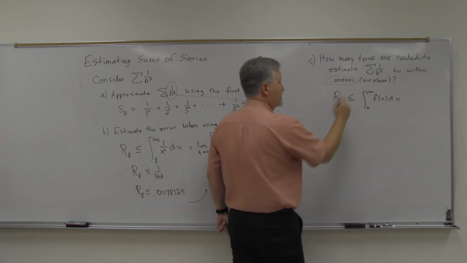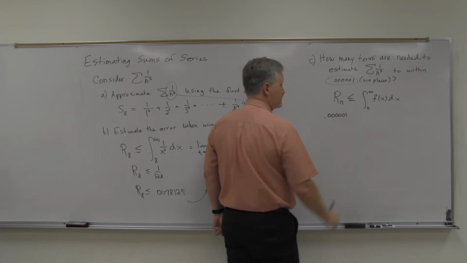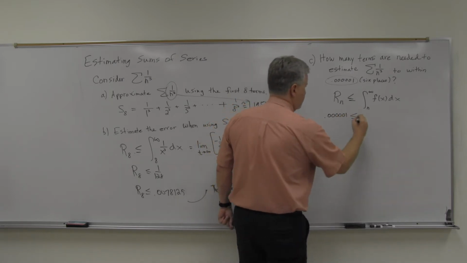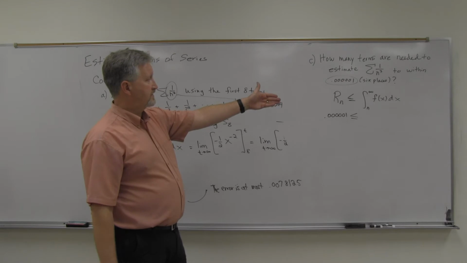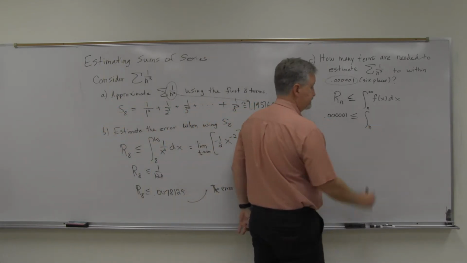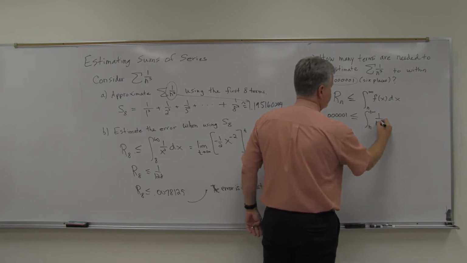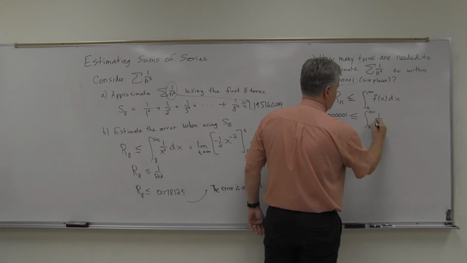So I need R sub n to be 0.00001. I want that less than or equal to the integral from n to infinity. I don't know the n, that's what I'm trying to figure out. So let's just evaluate this integral here, kind of in general.